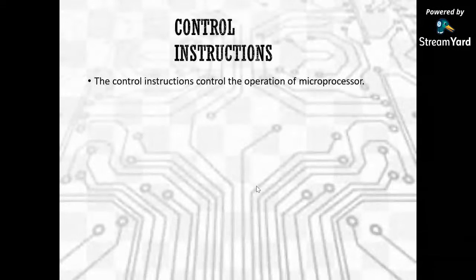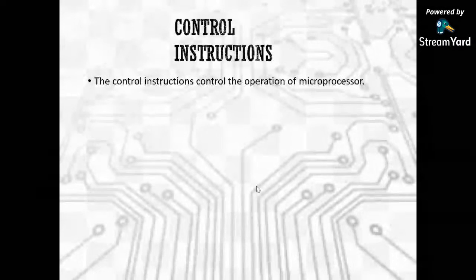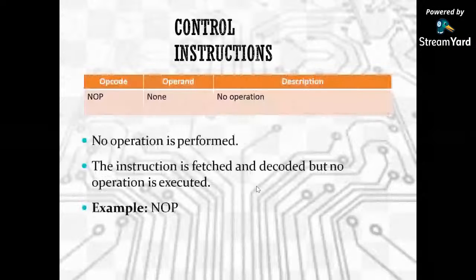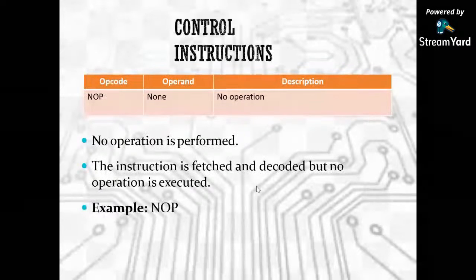Kita punya control instruction. It is to control the operation of the microprocessor. Jadi ini adalah control instruction, opcode-nya adalah NOP, no operation is performed, the instruction is fetched and decoded, but no operation is executed.